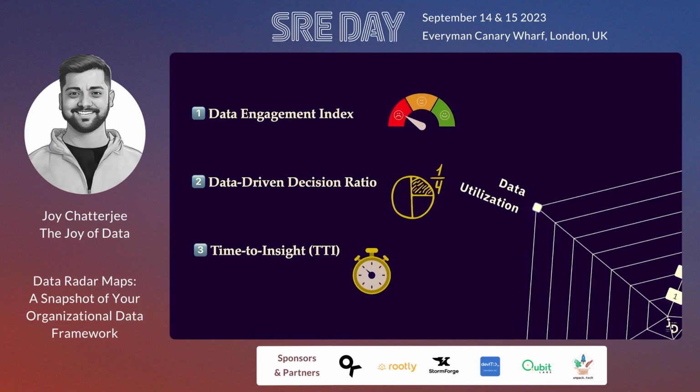So if I were to give you an example, the data engagement index is simply a lever which says how engaged the people you're providing the data to are, on a scale of unhappy to happy. And so this is a metric where you can say, we're creating a lot of dashboards, we're creating a lot of insights, but people don't really understand it or are not engaging with it. So maybe that's something we need to work on to then actually provide the value that they could be getting from it. Data-driven decision ratio, I think that's pretty straightforward.